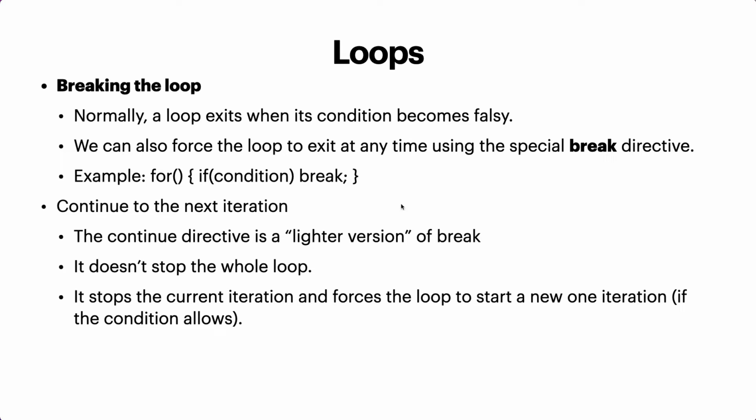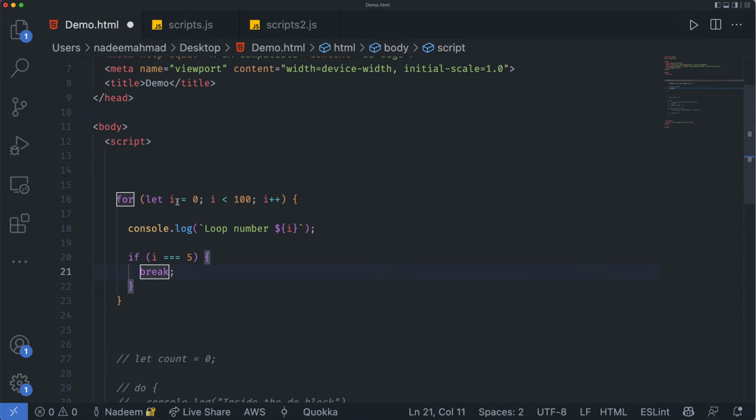So what we just saw is that if we want to stop the loop on a certain condition, then it will just break the loop and stop the execution of the loop. But we have some conditions, for example, certain conditions that we are executing the code on.